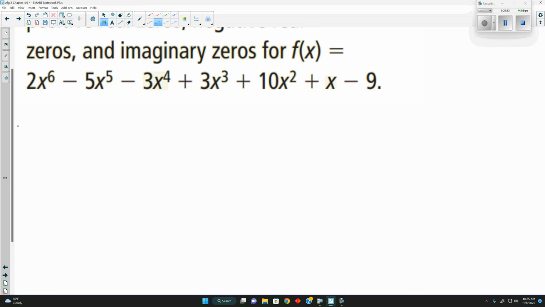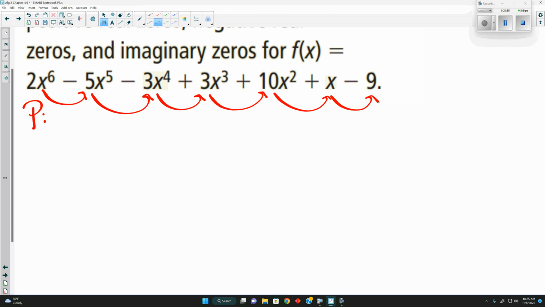Now, this one here, because on the first one, I think some of y'all wrote it out, some of y'all didn't. That's perfectly fine. Because a lot of times when I do this, I'm going to look straight at the problem for positives. A lot of times I will write straight on the problem, underneath the problem itself, to see the number of sign changes.